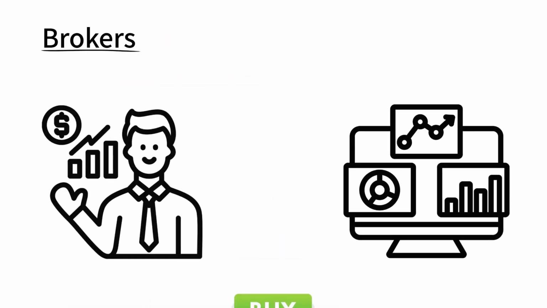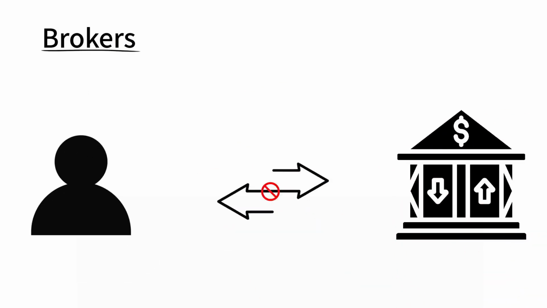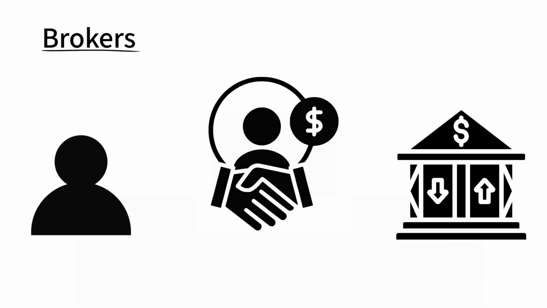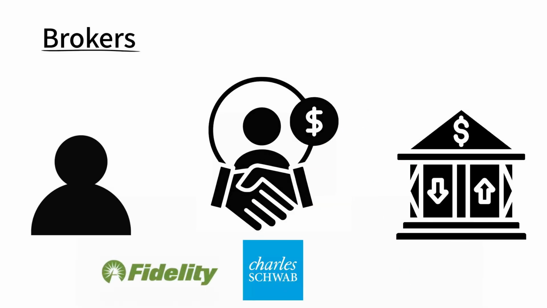A broker is a person or a platform that helps you buy and sell stocks. You can't directly trade on a stock exchange as an individual. You need a broker to place your orders. Brokers can be traditional firms like Fidelity or Charles Schwab, or online platforms like Robinhood.